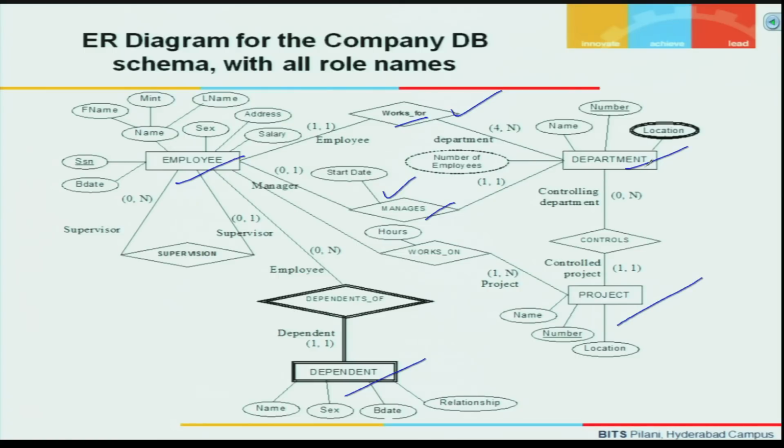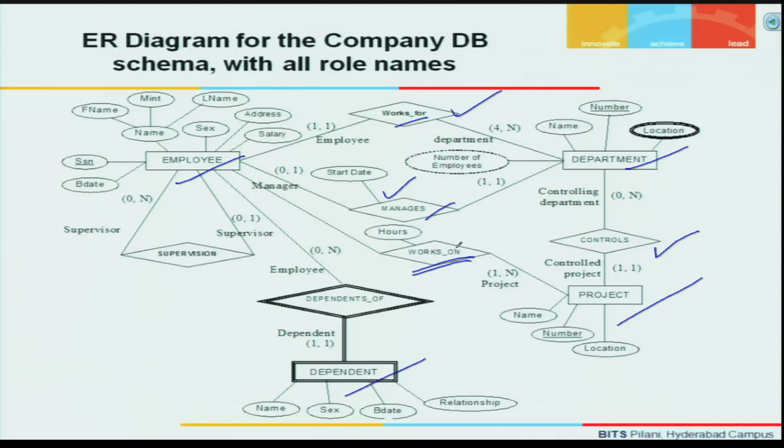And departments control projects. So that's why there is a relationship called controls, which indicates which department controls which project. Then employees work on projects, so there is a relationship called works on, which indicates which employee is working on which project, and at the same time how many hours they have worked on that particular project in a given month or week, whatever it is. Not only entity types can have attributes, we can also attach or associate attributes to relationships.